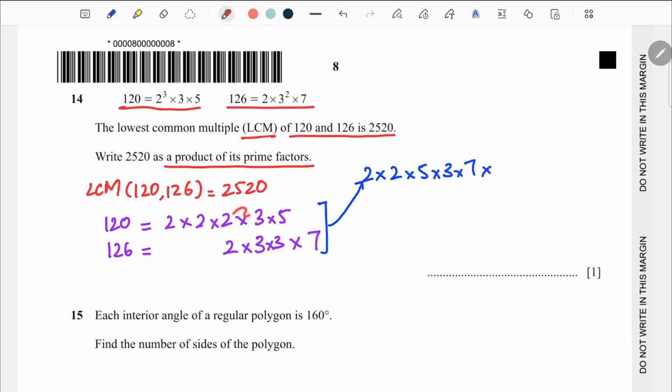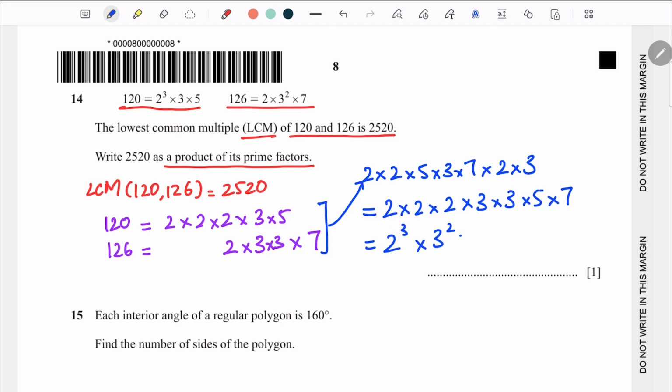The common numbers were 2 and 3, so they'll only be written once. When I arrange this, it is 2 × 2 × 2 × 3 × 3 × 5 × 7. Simplified, it can be written as 2 cubed × 3 squared × 5 × 7. And this is our final answer. So when 2520 is prime factorized, it's written in this form.